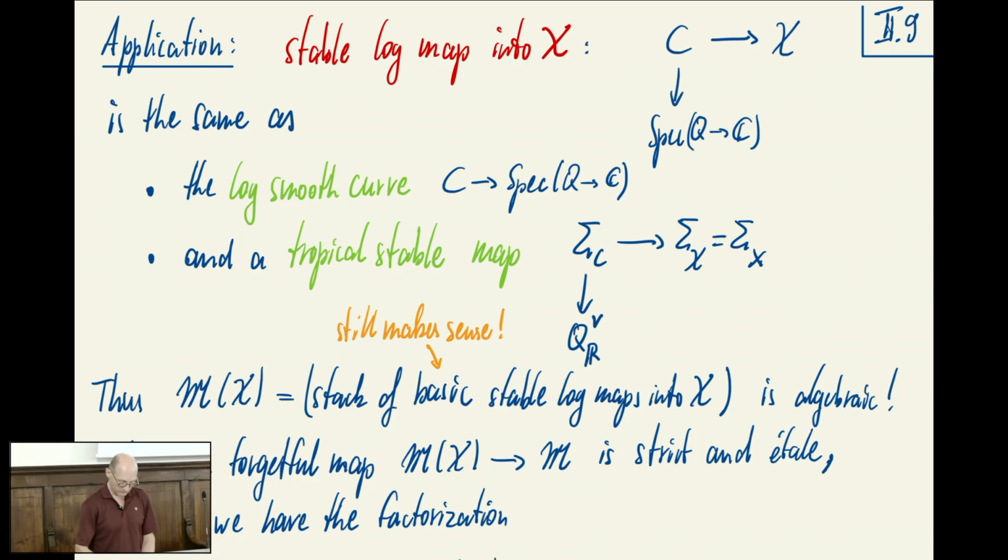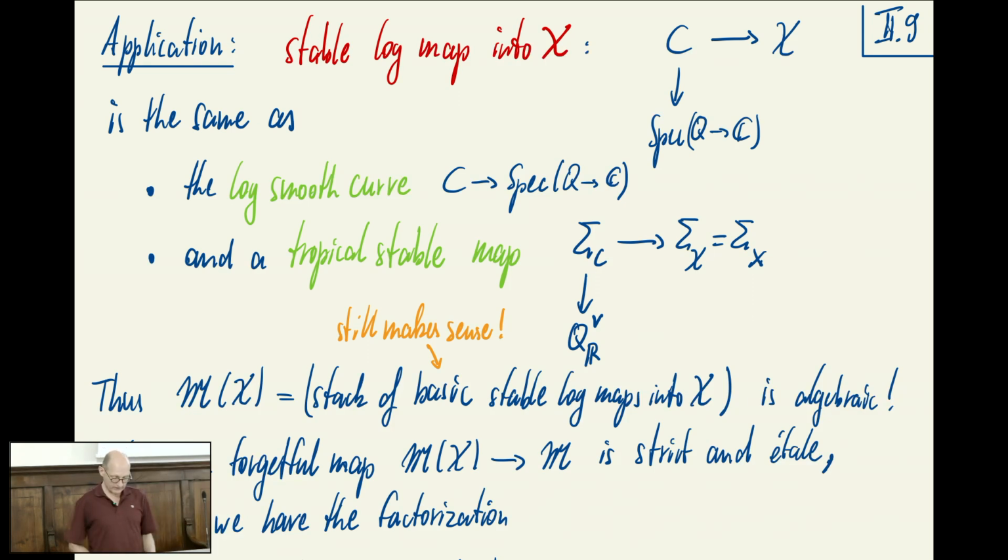You have a forgetful map, forgetting this map to X, just forgetting that part. This map is actually, oh, I wanted to change this and I didn't. Forget about strict. Let me keep it. It's an étale map. As an ordinary map of stacks, it's étale.